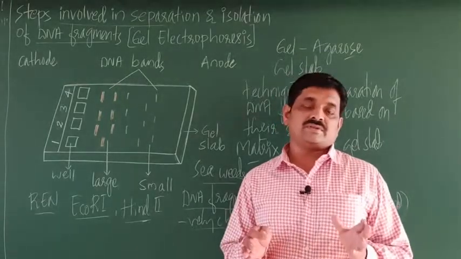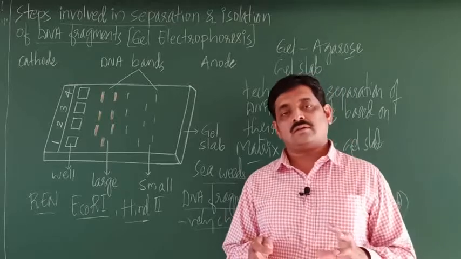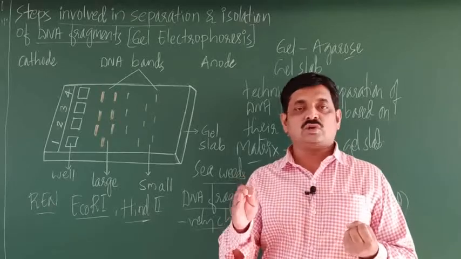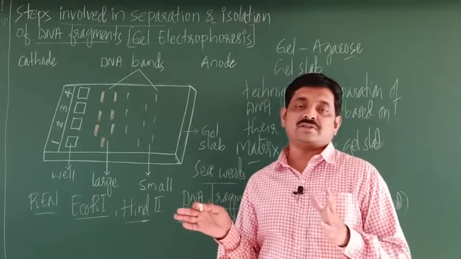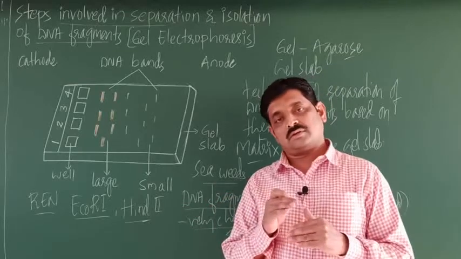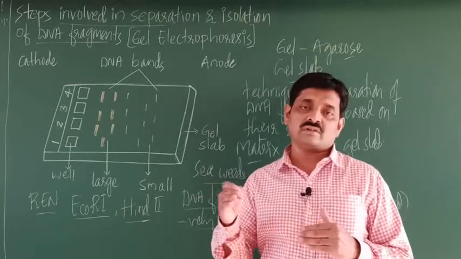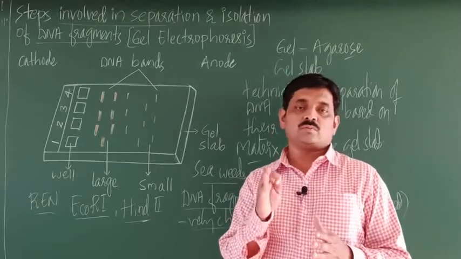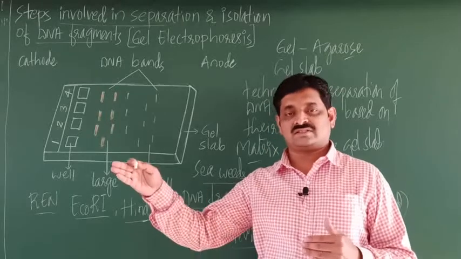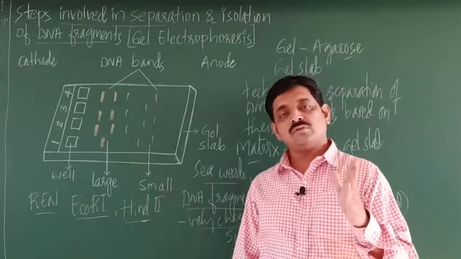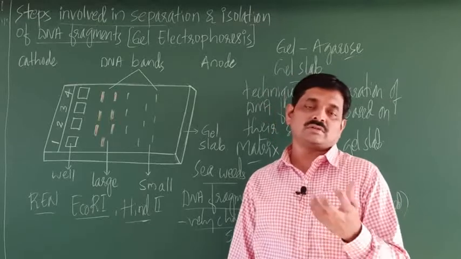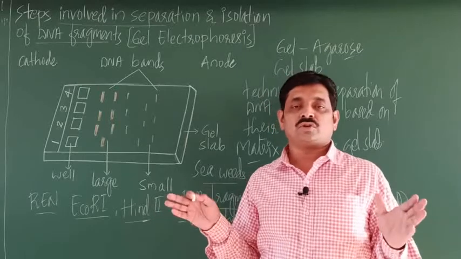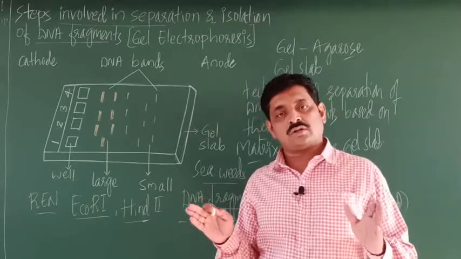Now the DNA fragments which are large exhibit slow movement. DNA fragments which are small move a little faster. So under electric field, smaller DNA bands move faster, larger DNA bands move slow. So this is how DNA fragments automatically get separated based on their length or size.